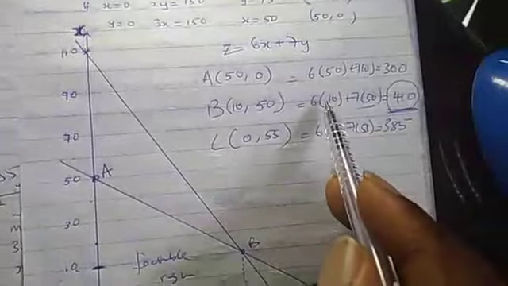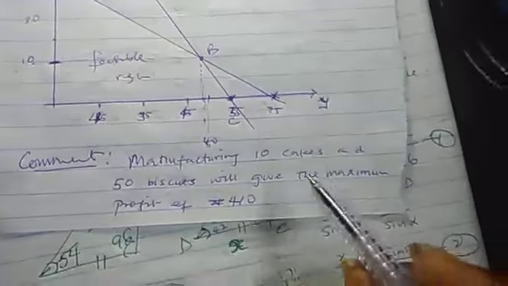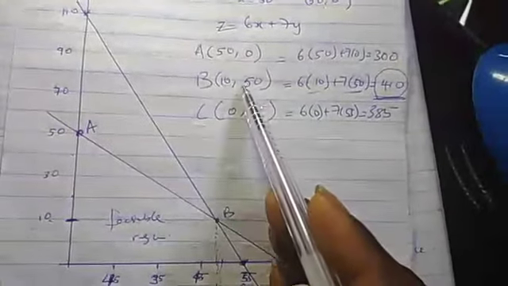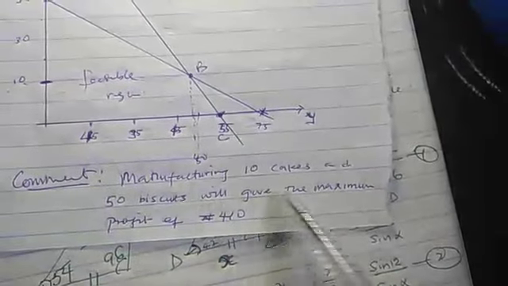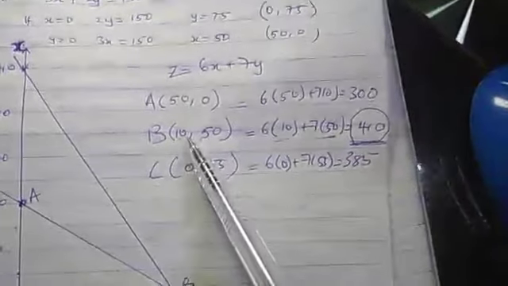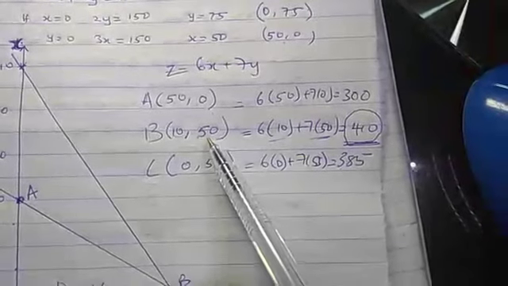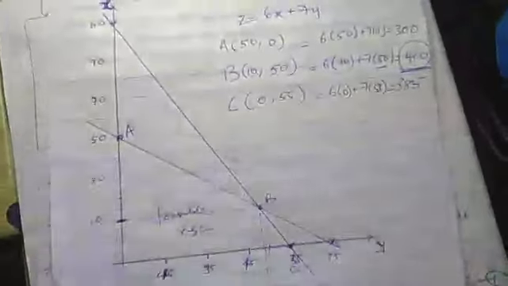Since this point gives me the maximum, I will say that manufacturing 10 cakes, that is S is 10, Y is 50. So manufacturing 10 cakes and 50 biscuits will give the maximum profit. So from the question now, if you manufacture 10 cakes and 50 biscuits, you are going to have a maximum profit of 410. So that solves the question.